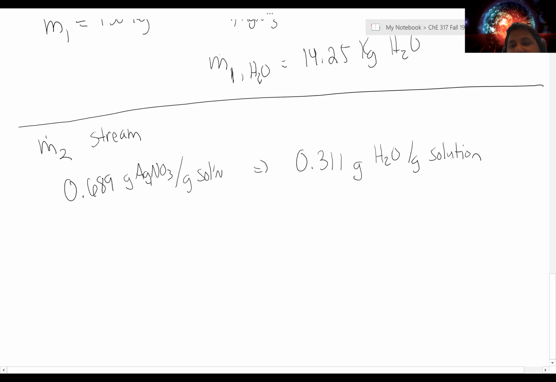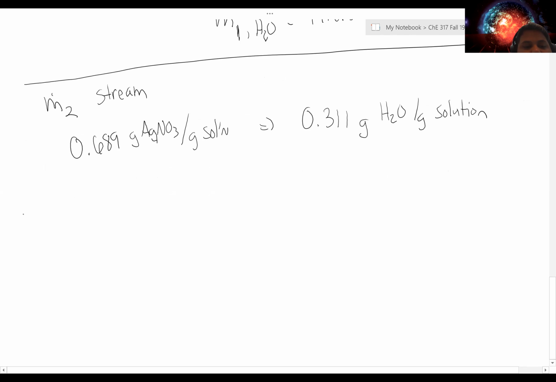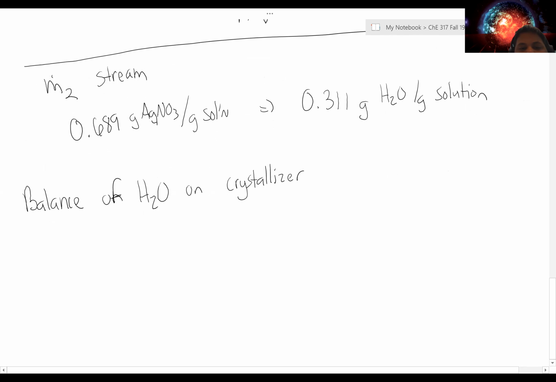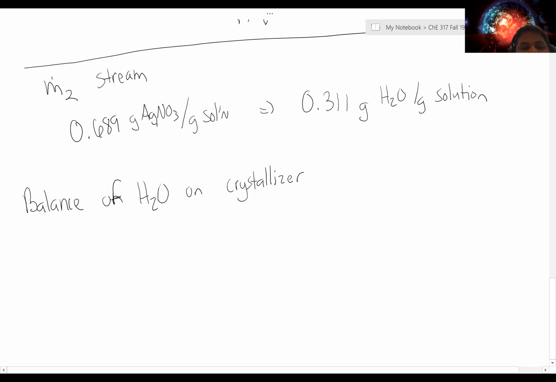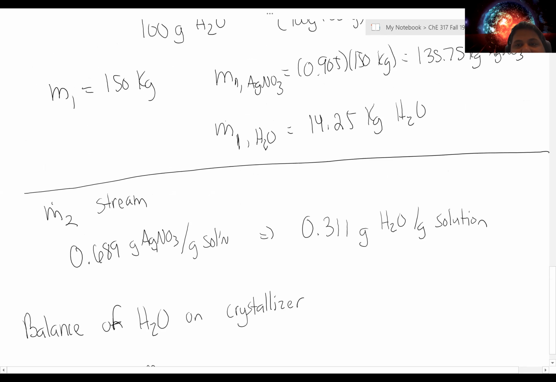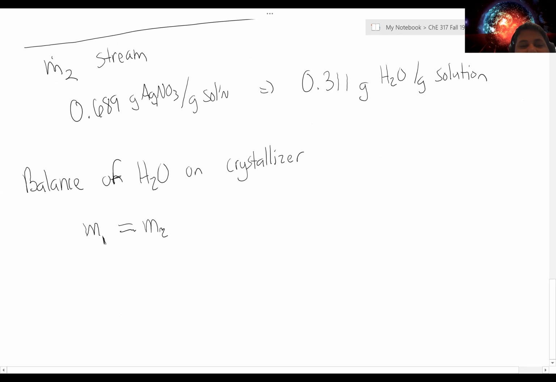So if I look at a balance of water on the crystallizer, I can say, well, the mass in equals the mass out. It's a steady state process, meaning if I have about 14.25 kilograms coming in, that's how much I have to have coming out.